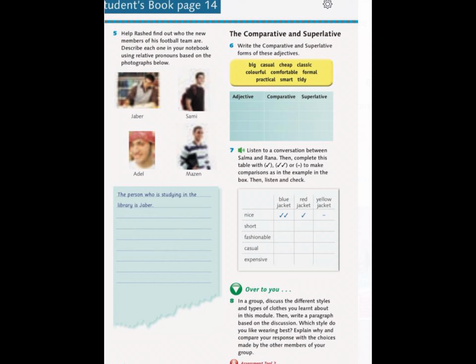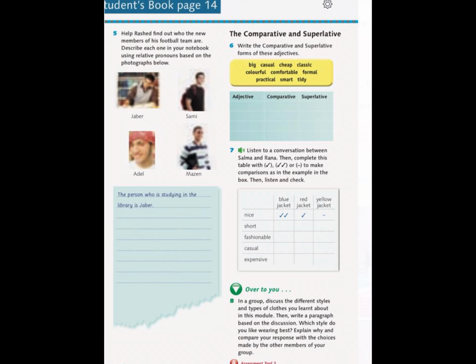Going to colorful. Colorful. We cannot say colorfuler or colorfulist. No. We say more colorful than. That's for the comparative. For the superlative, it becomes the most colorful.